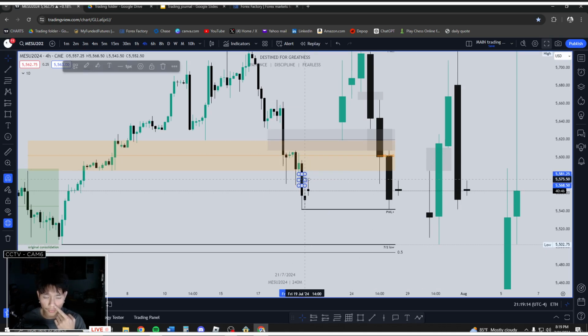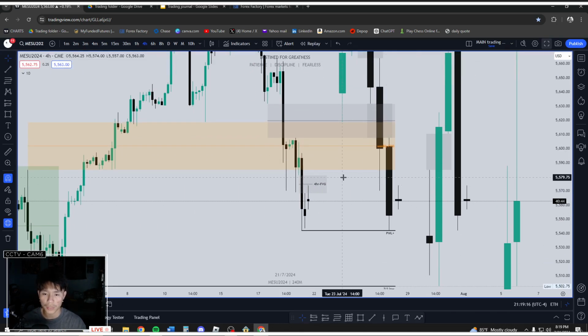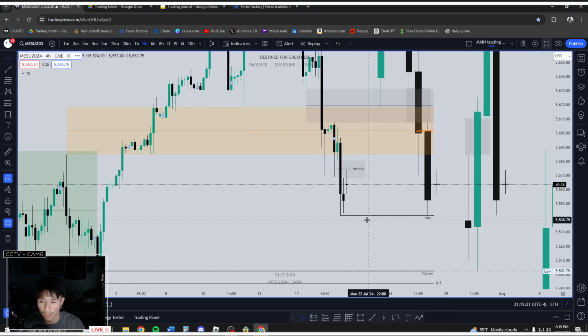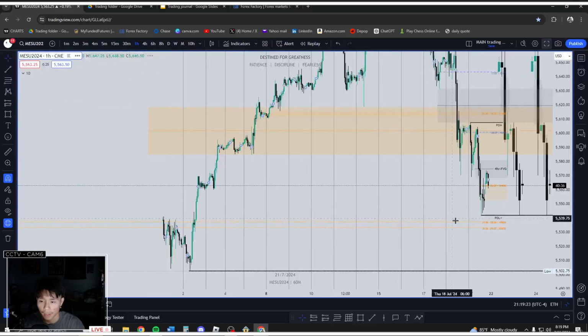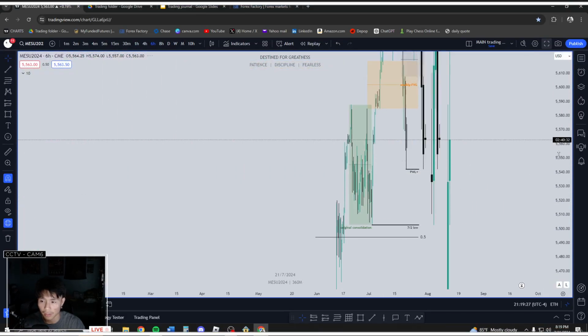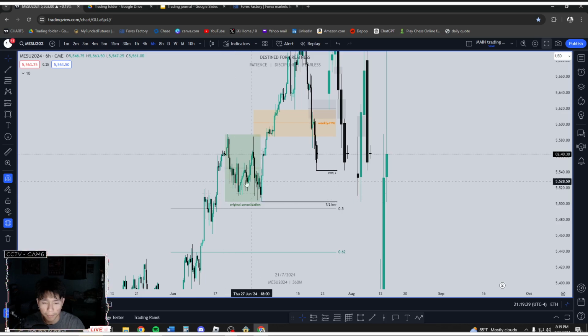This 4-hour fair value gap should now be treated as resistance to help us continue lower and attack previous day low and previous week's low. And like I said, I want to see us complete the market maker sell model by taking out this original consolidation's low here.